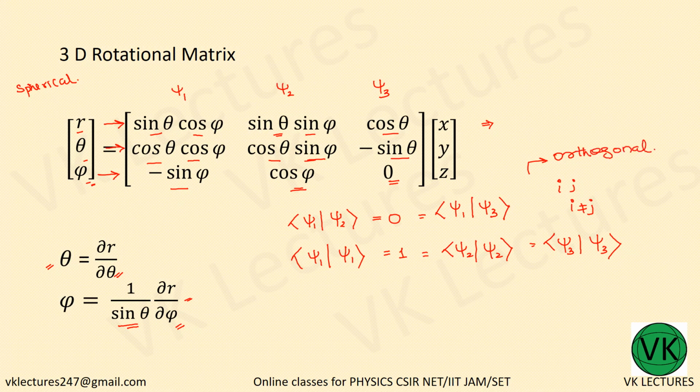For the normalizing condition, for 3 dimensions you will have only 3 conditions. So the rows and columns are orthonormalized.